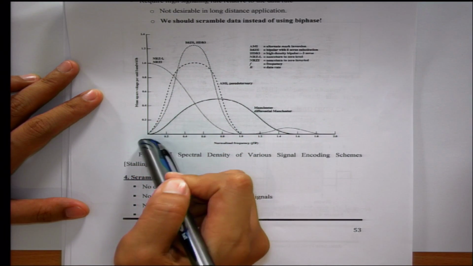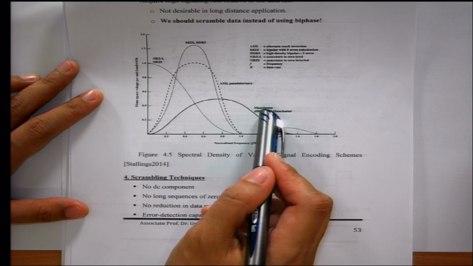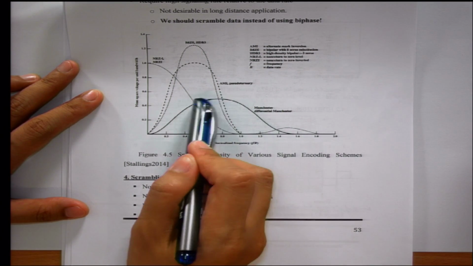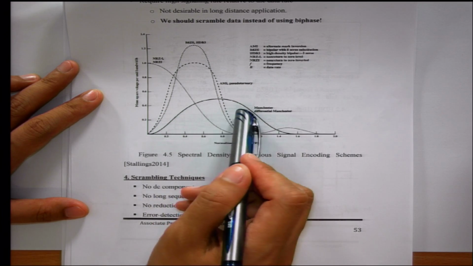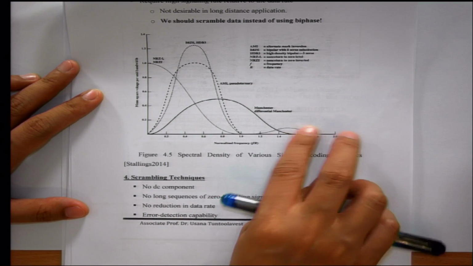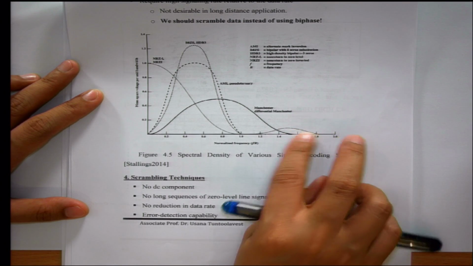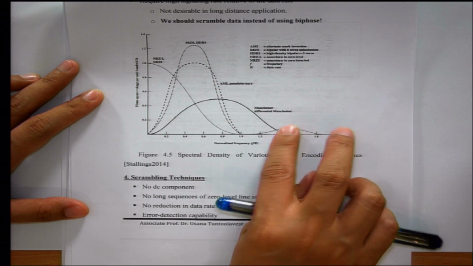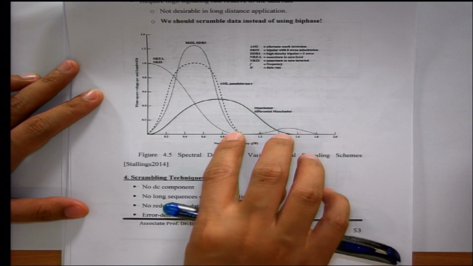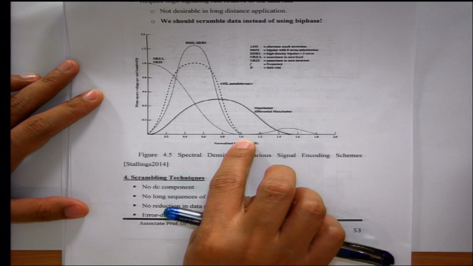And then you have the Manchester and biphase, and differential Manchester, which is biphase. It's a solid line here, which is longer than the others. Again, we usually don't consider the side lobe of the NRZ.